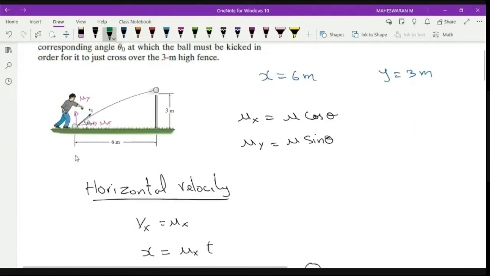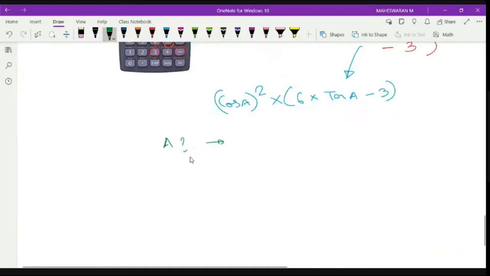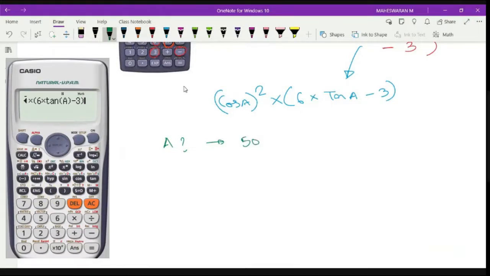So I'm going to enter some value. Let me put 50. If I put 50 as a and press equal to, I get 1.71. Now let me put 80.